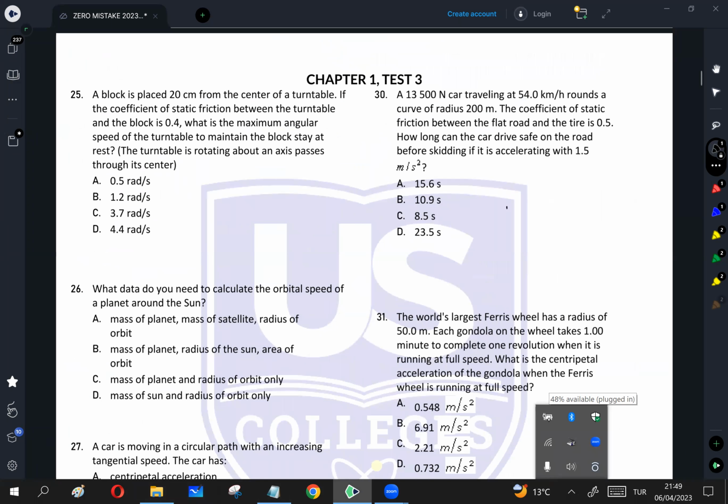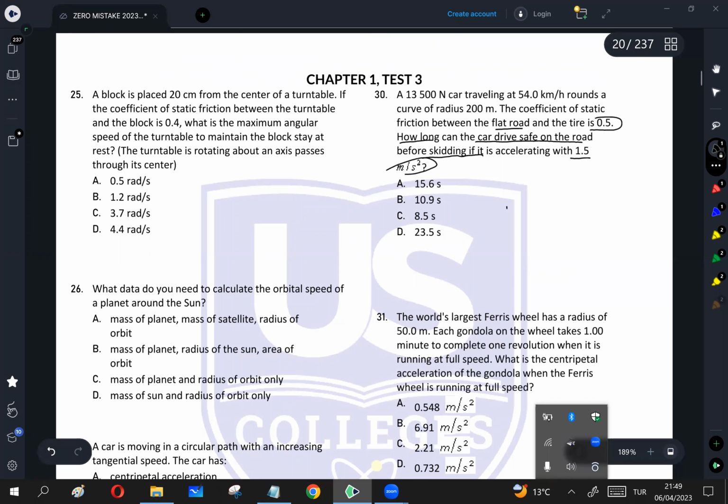The coefficient of static friction between the flat road and the tire is 0.5. How long can the car drive safely on the road before skidding? It's accelerating at 1.5 meters per second squared. If the car is moving on a circular path, static friction force is the centripetal force. So mu s is equal to ac over g, the equation I will use.